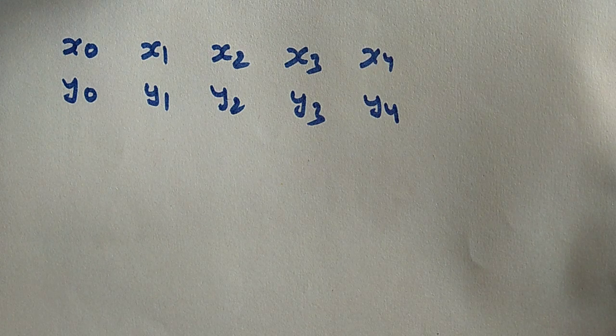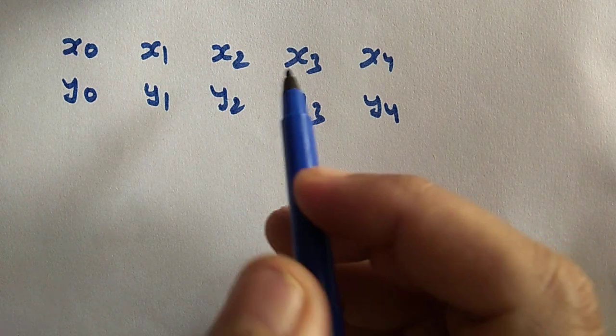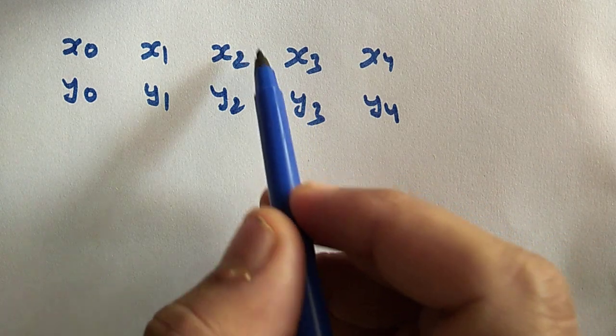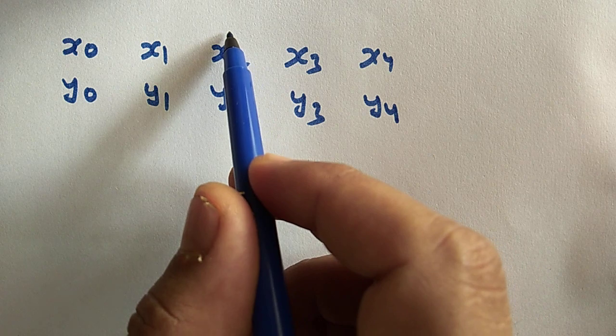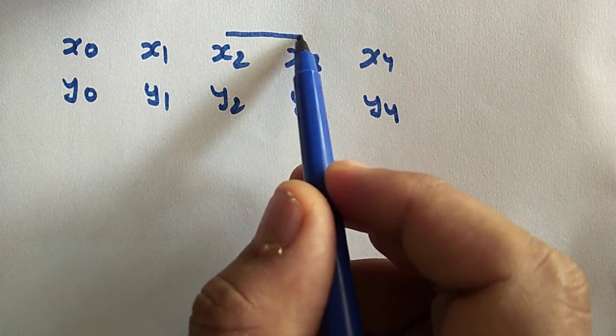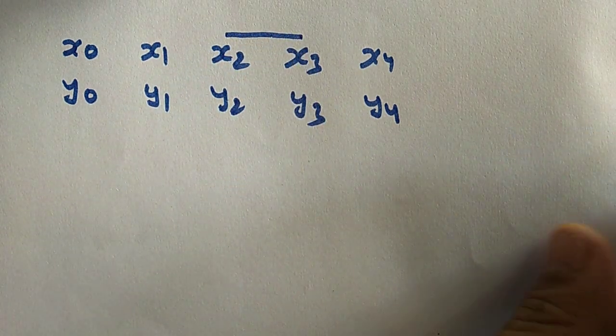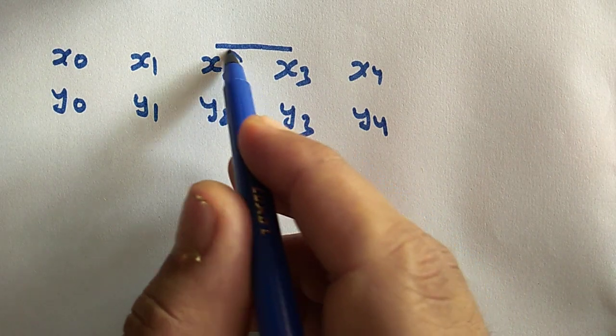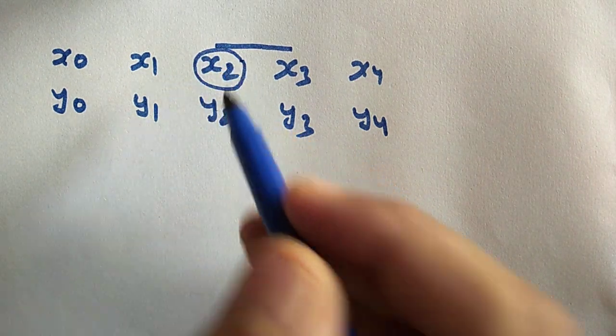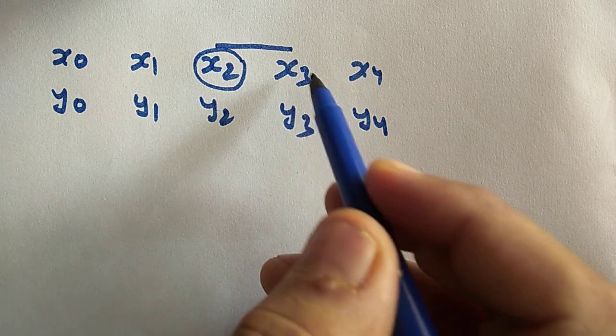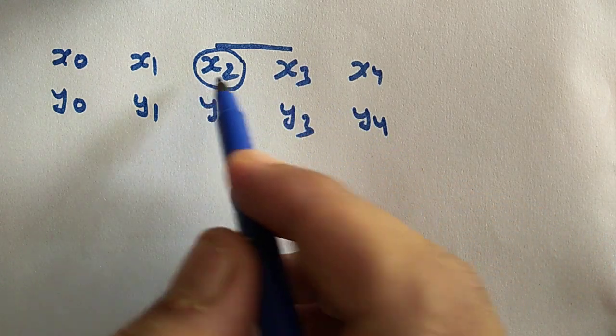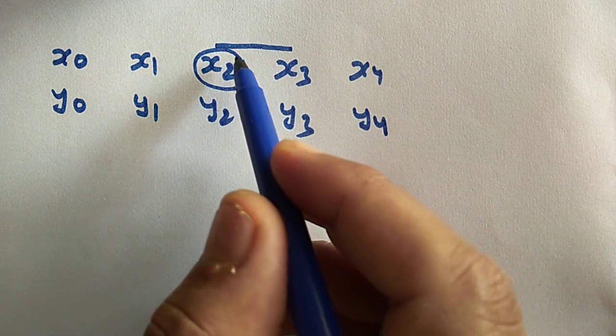Now we are trying to find the value of y somewhere between x2 and x3. So what we do here, we take x2 as the central point. You can take x3 also, either x2 or x3. So x2 is the central point.